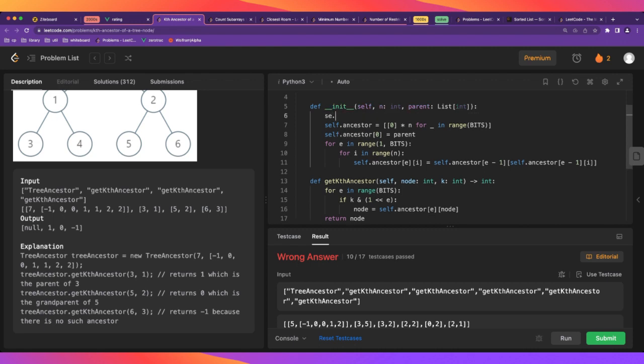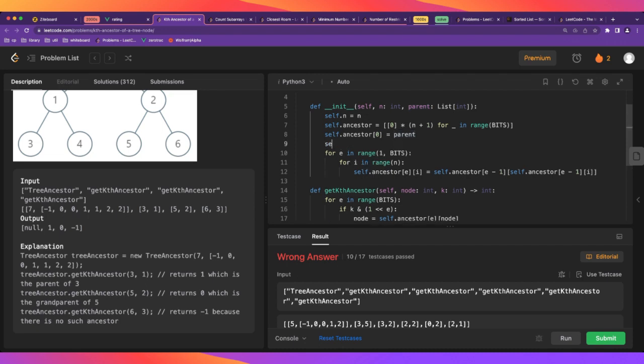So let's save n. Let's make this larger. And here we want to overwrite the ancestor of the root, the parent of the root, as n.